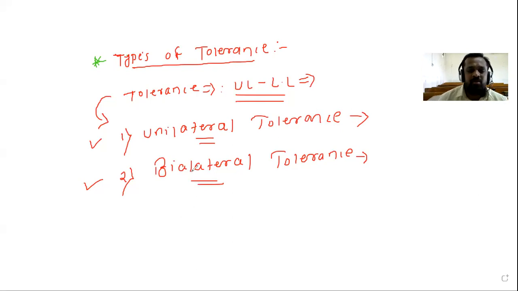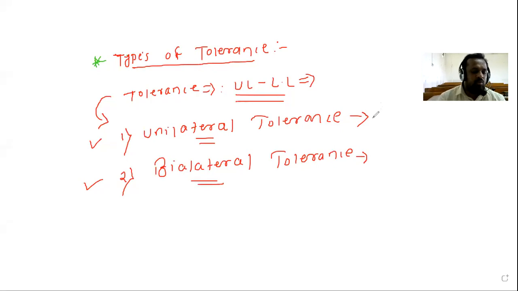Now see, the unilateral tolerance is when we are showing the dimension of the part only on one side of the basic size.